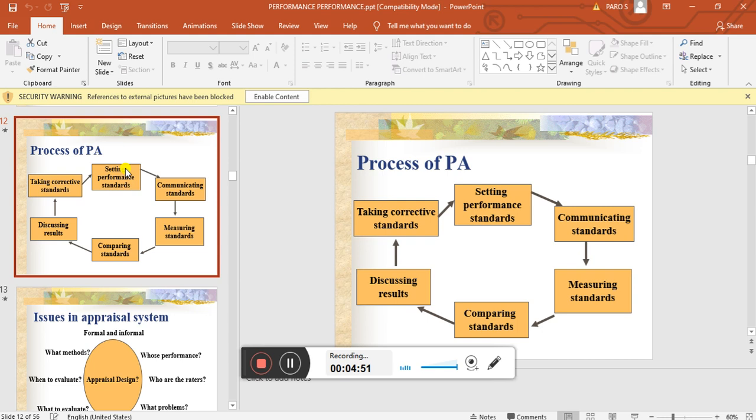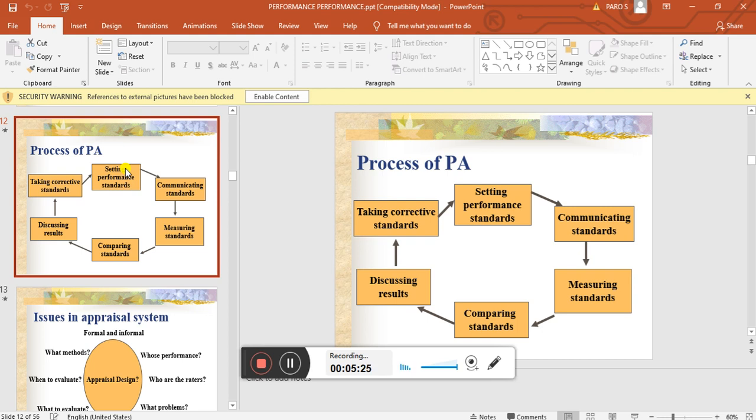Further, we have to discuss the process of performance appraisal. First of all, we have to set the performance standards, because we have to assess each and every employee according to those standard performance goals and criteria. Then, after setting the performance standards, we have to communicate to each and every employee what our standards are, how much you have to perform, what your goal is, what you have to achieve, what your target is.